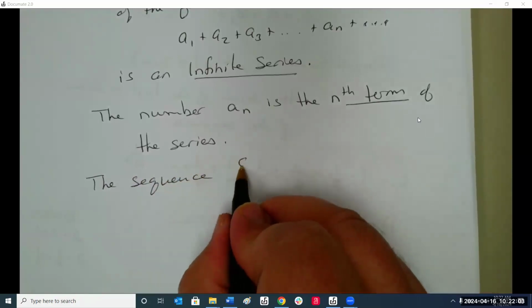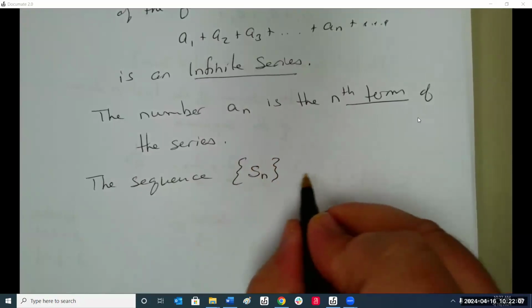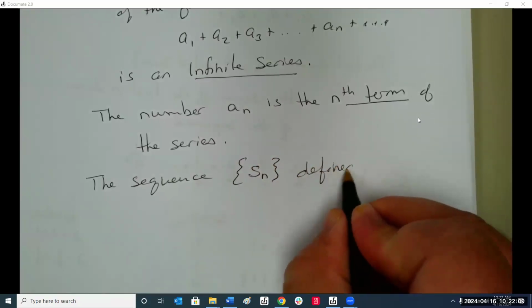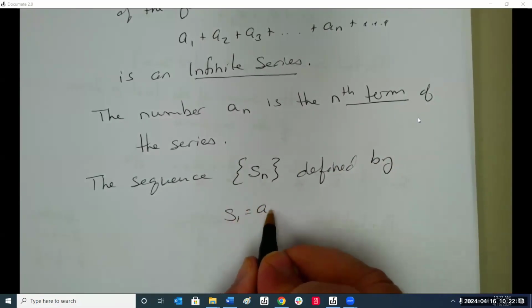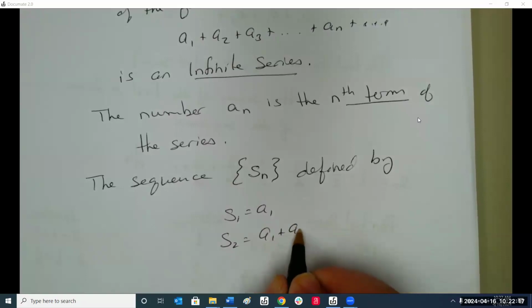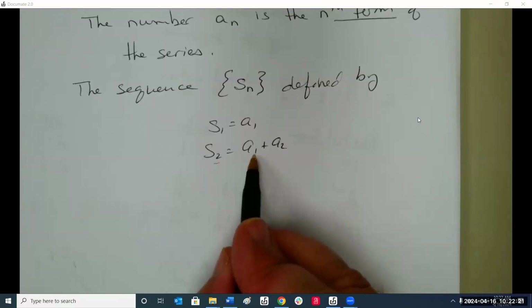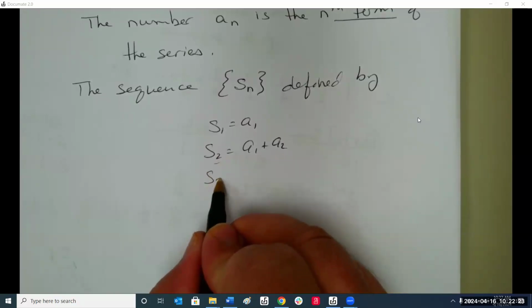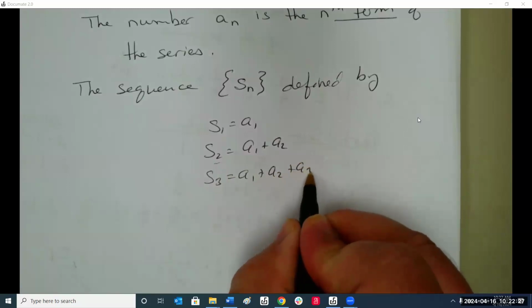The sequence, because it's a set, is defined by S1 is a1, S2 is a1 plus a2, the partial sums. S3 is a1 plus a2 plus a3.